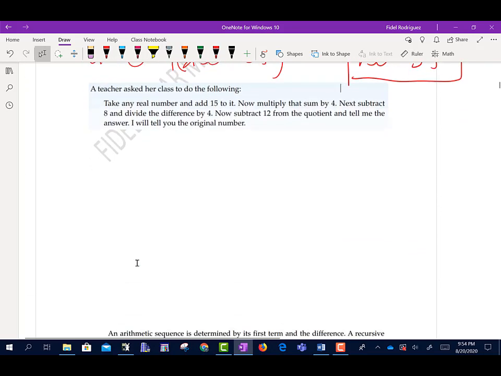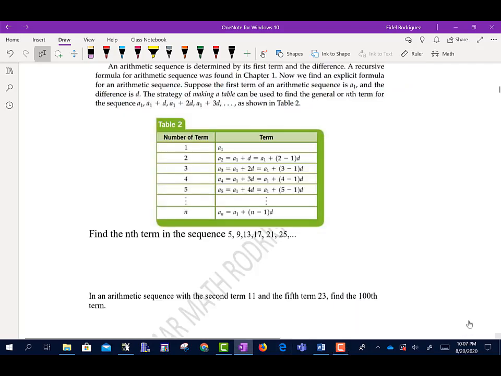All right. So let's take a look at the next problem here. The next part says an arithmetic sequence is determined by its first term and the difference. A recursive formula for the arithmetic sequence is found in chapter 1. Now we're going to find an explicit formula for an arithmetic sequence. So we're going to cut to the chase here and look directly at the formula.